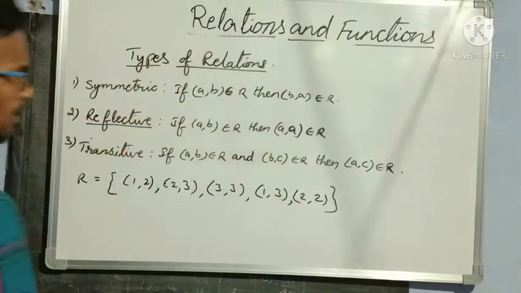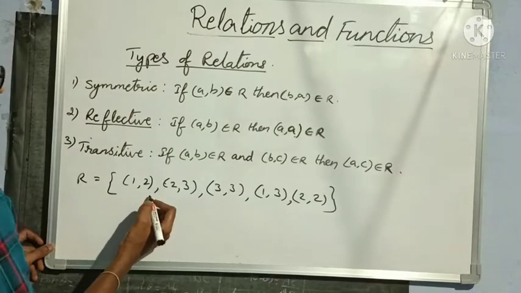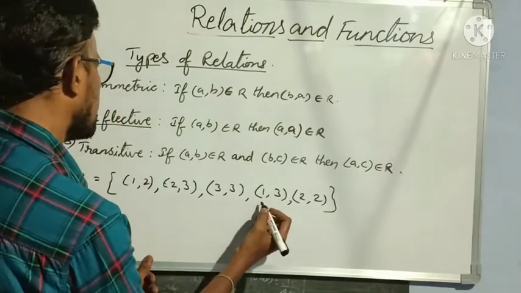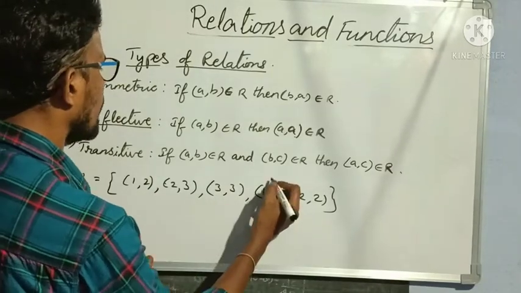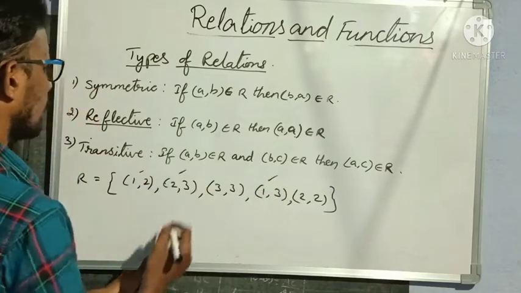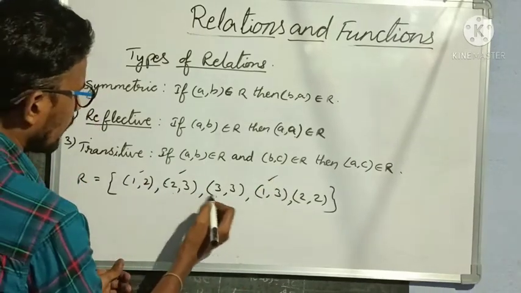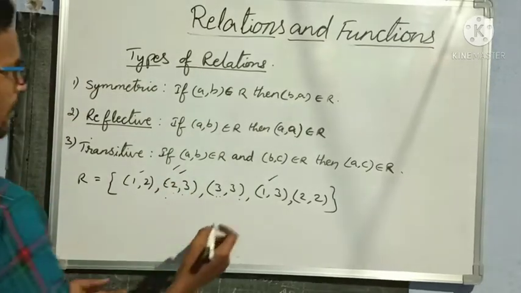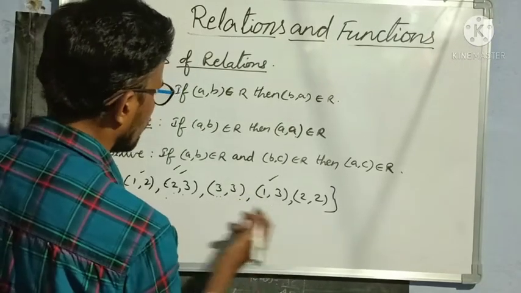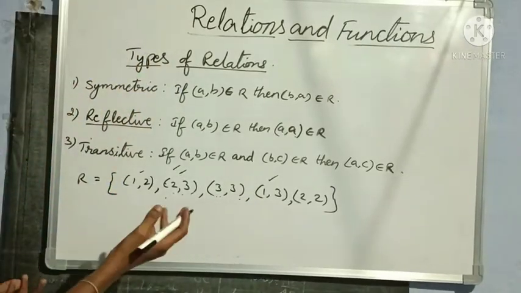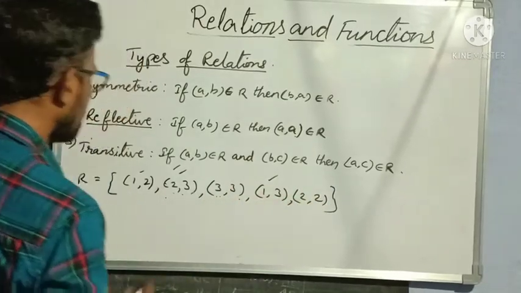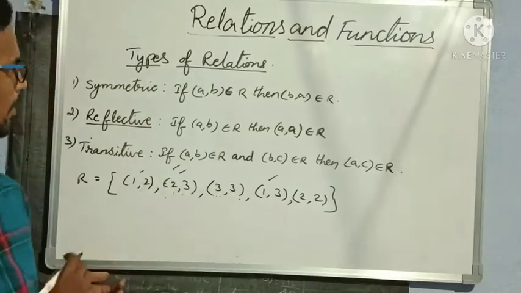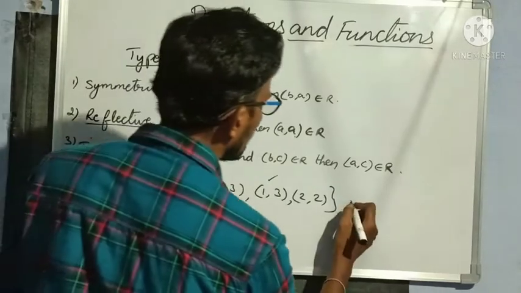Here our first element (1, 2) is there and (2, 3) is there. And if I see here, (1, 3) is also there. And if I see here (2, 3) and (3, 3) means (2, 3), so (2, 3) is also there. Are there any others? Not there. The remaining we can't get the same elements here. Only (1, 2) and (2, 3) give (1, 3). In the same way (2, 3) and (3, 3) give (2, 3). So here we are getting transitive.